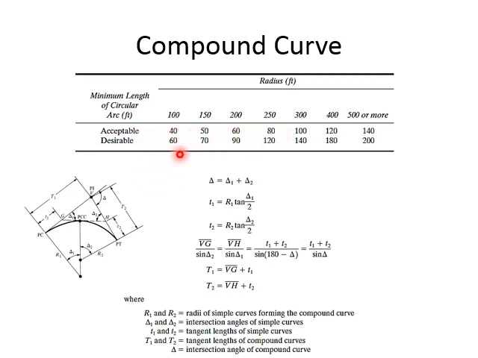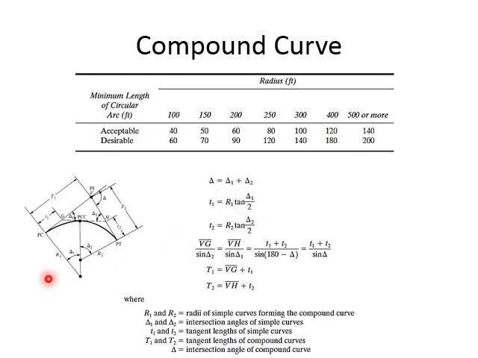So these are minimum criteria, and then we have the desirable ones, which are more than the acceptable. So if permitted, you should always go with the desirable values, the second row. But if it is not possible to take this value, then at least take these values, the first row. You cannot go below these values. Okay, the values in the first row.